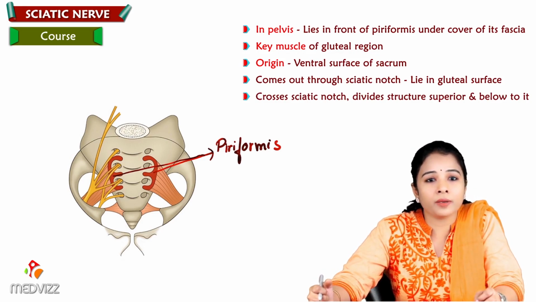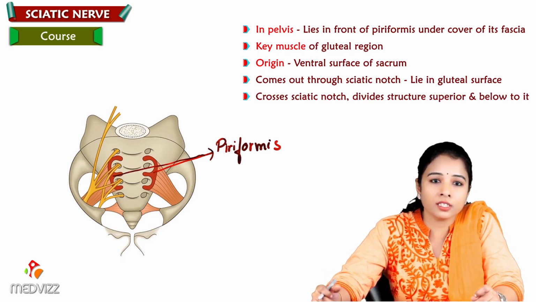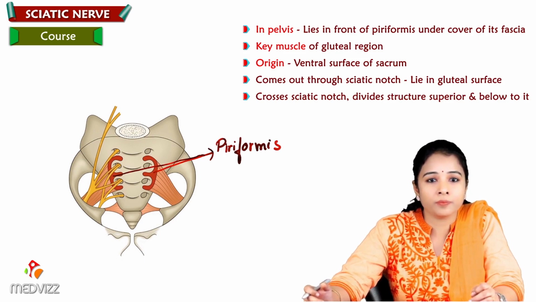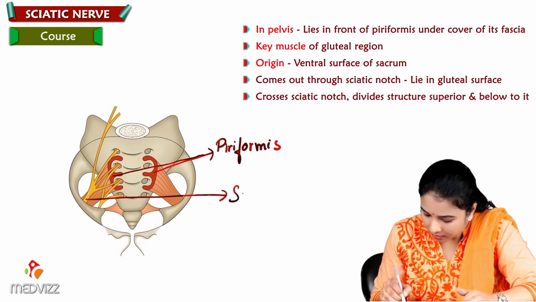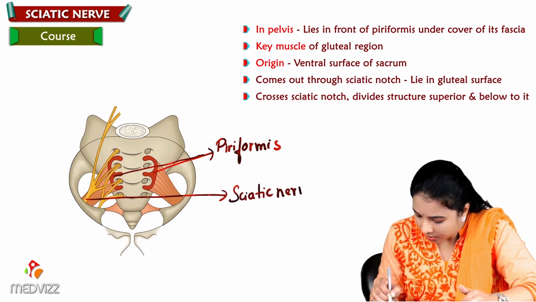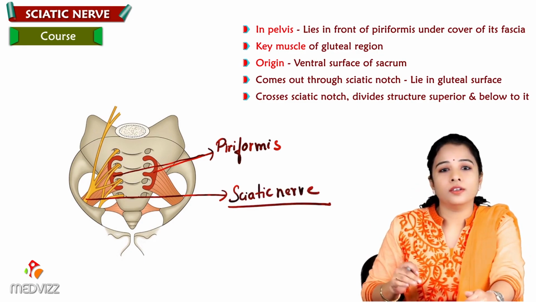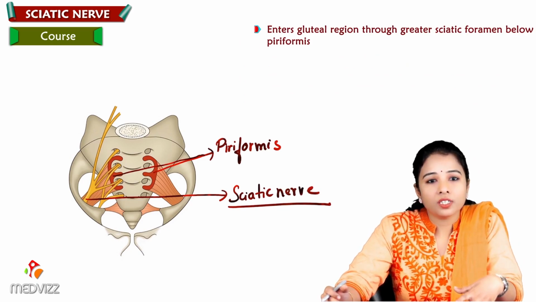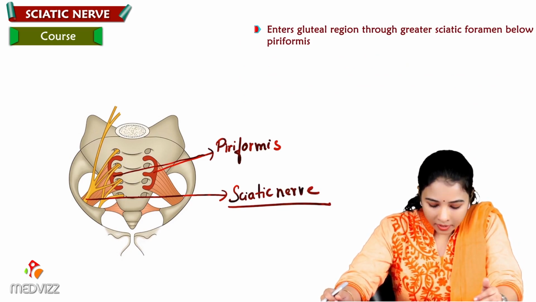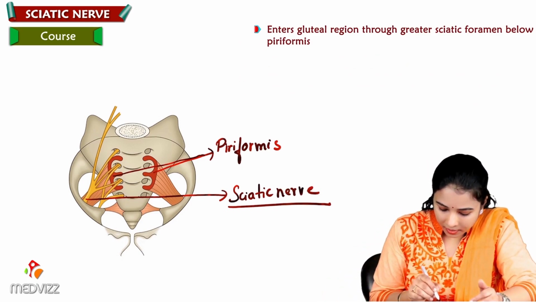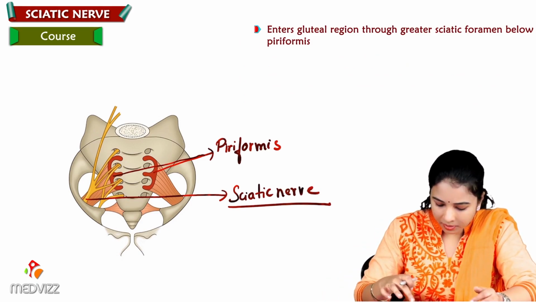That is the reason piriformis is considered the key muscle of the gluteal region. What you are seeing here is the origin of the sciatic nerve. It enters the gluteal region through the greater sciatic notch below the piriformis.